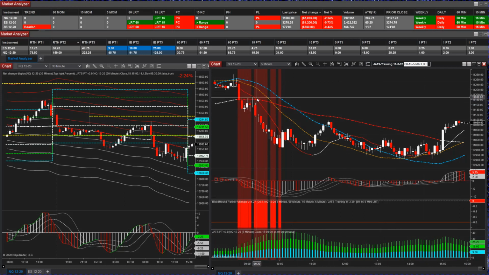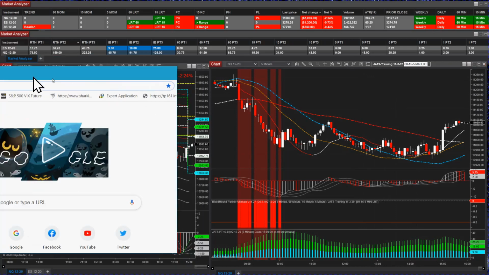So when you get 25 from a high, expect price to start retracing back up a little bit. So I usually shoot for the twos, that middle of the bell curve.